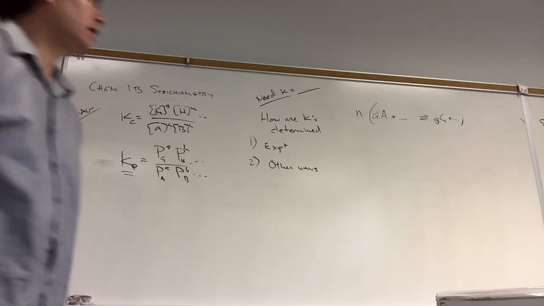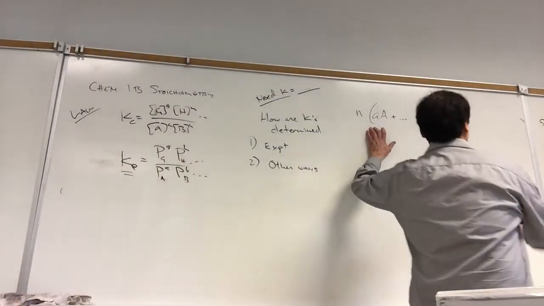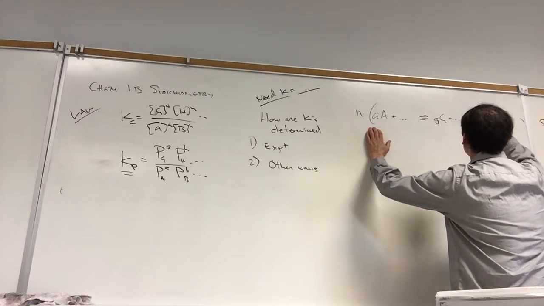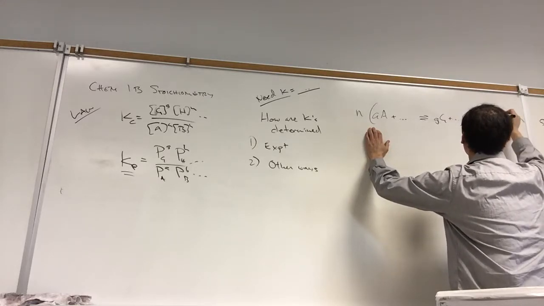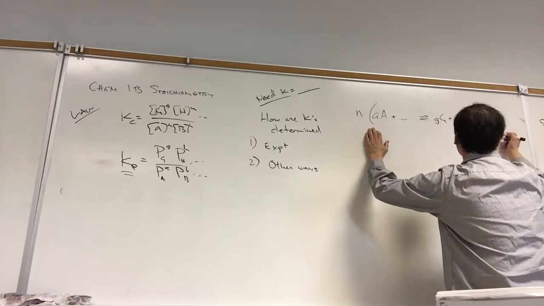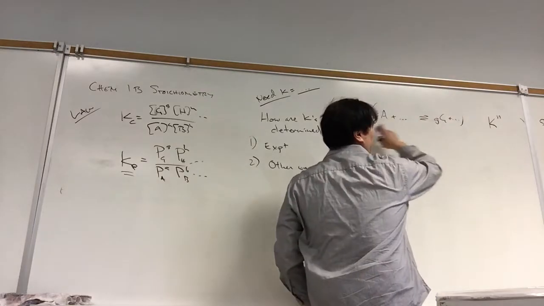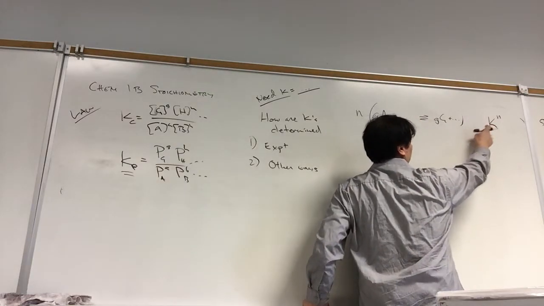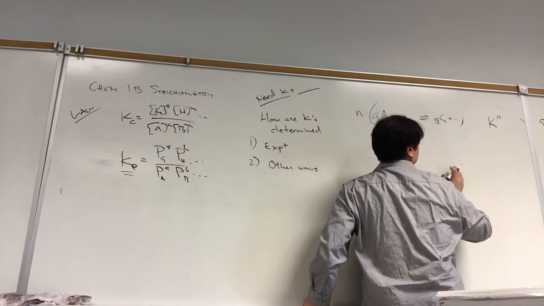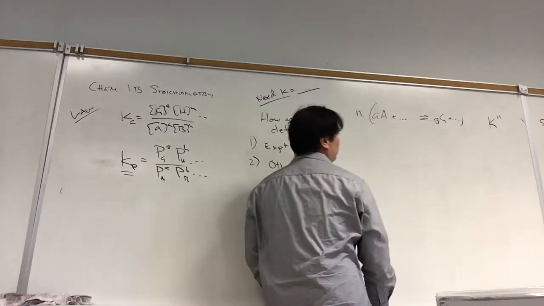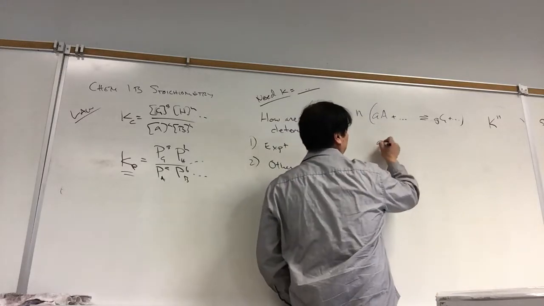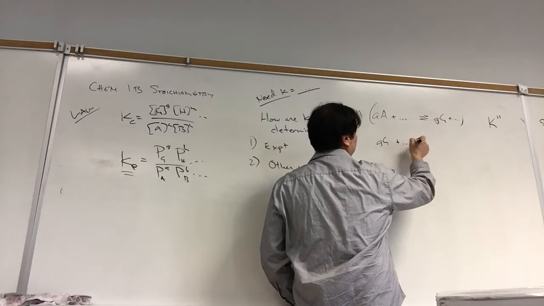What about the K? If you double the equation, what's going to happen to the K? Raise to power 2. Yeah, it would be raised to the power. And if you cut it in half, then we just take the square root of the original K. And so that's what we end up with. It's similar to Hess's law, but it's different.